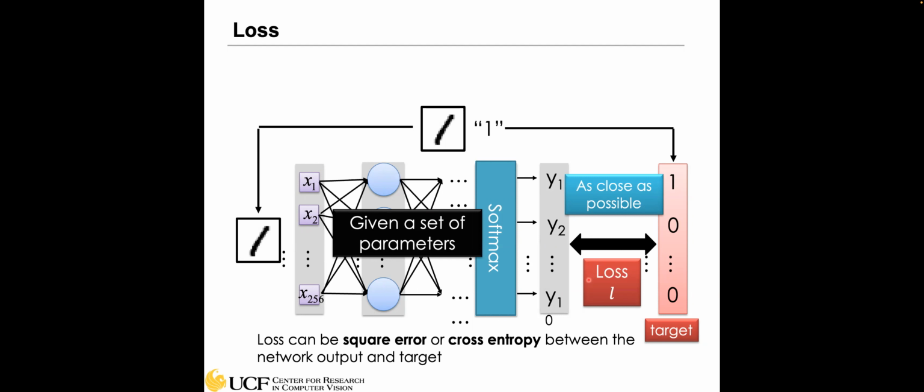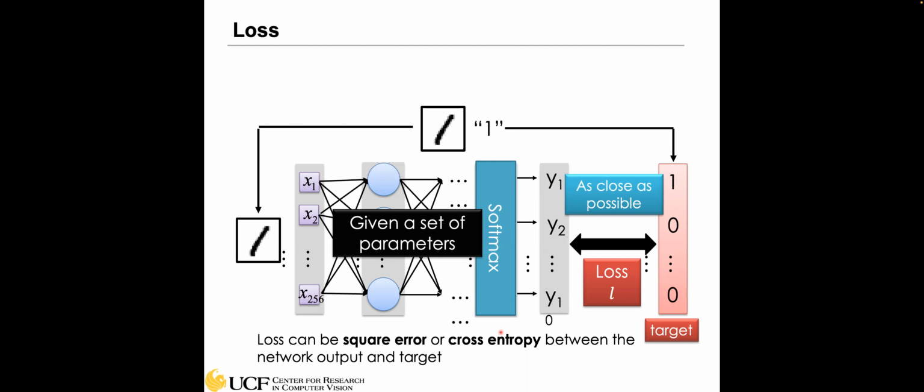We can use squared error, computing the squared errors between your prediction and this target one-hot encoding, or we can use cross entropy, which is also a standard loss function used in deep neural networks, which we'll discuss in the next lecture.